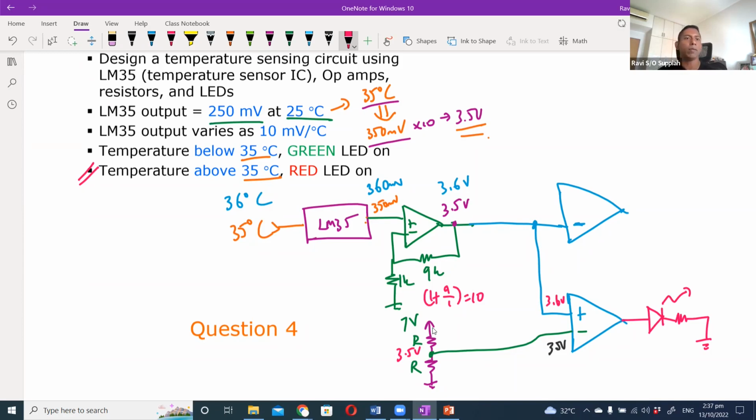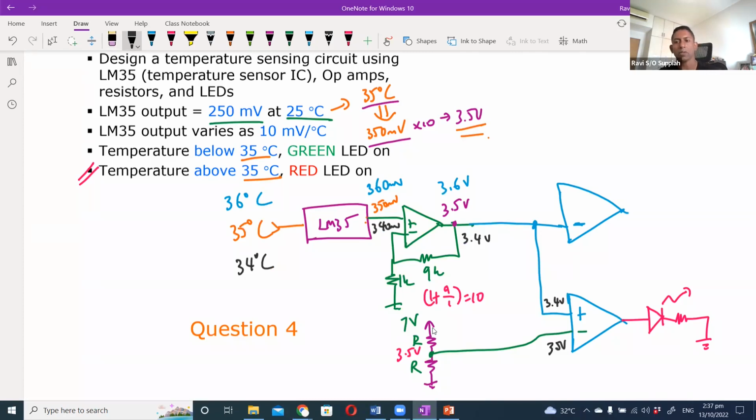Now, if I look at the other end, where it goes below 35 degrees, let's say 34 degrees, then it will be 340 millivolt, and that will be 3.4 volt. If 3.4 volt comes here, what happens?